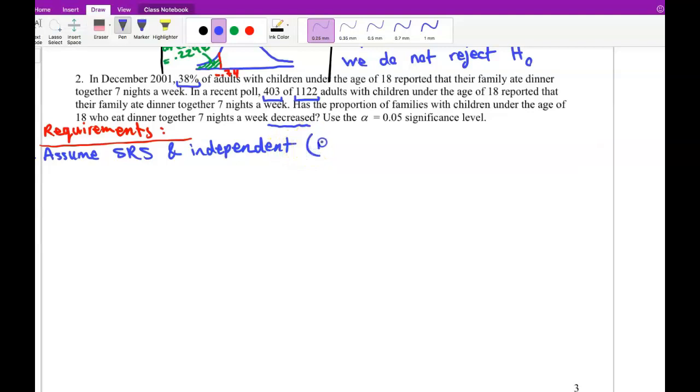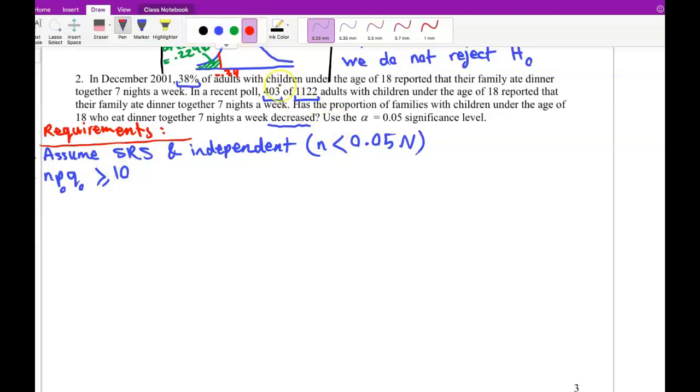What that means is n is less than 5% of the population. So we have the first one, the third one; the second one was n times p0 times q0, so n times p times q greater than or equal to 10.